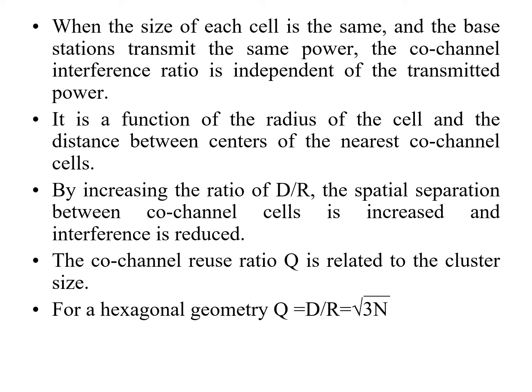By increasing the ratio D by R, the separation between co-channel cells is increased and interference is reduced. The co-channel reuse ratio Q is related to the cluster size. For a hexagon geometry, Q equals D by R, which is equal to root 3N.